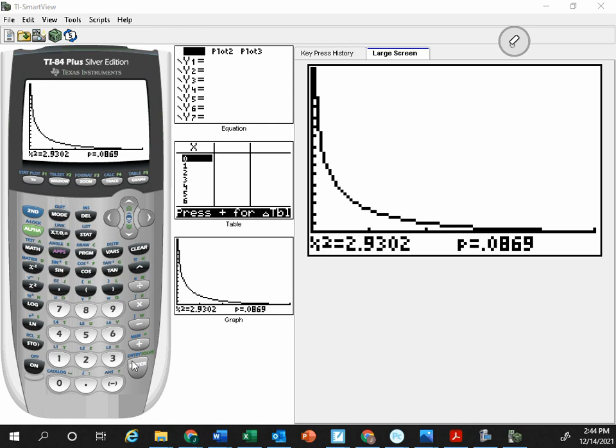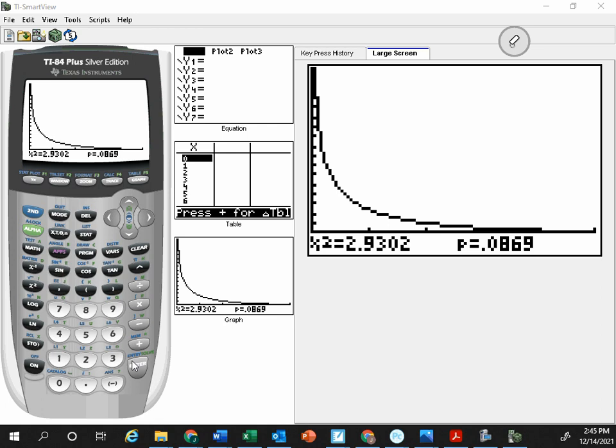If you are, jot them down, guys. All right, guys. Again, jot these down so you've got these values.